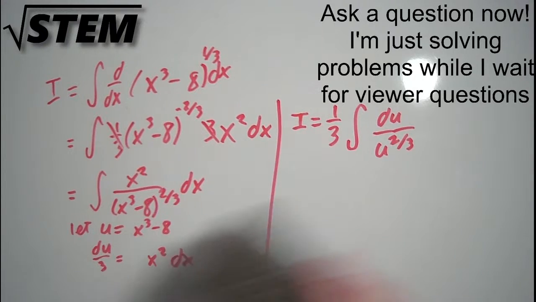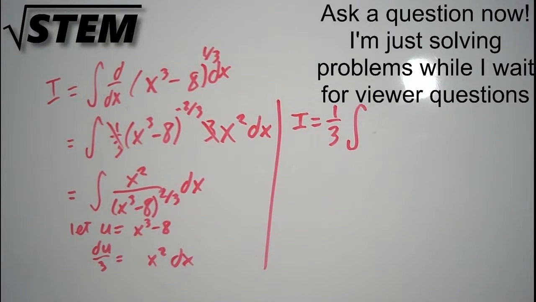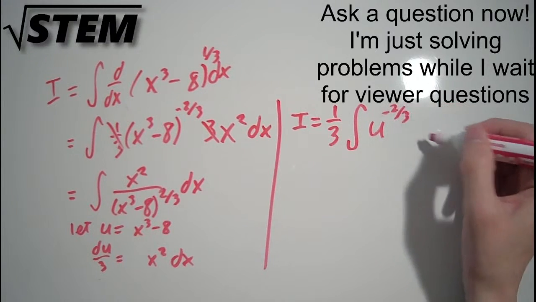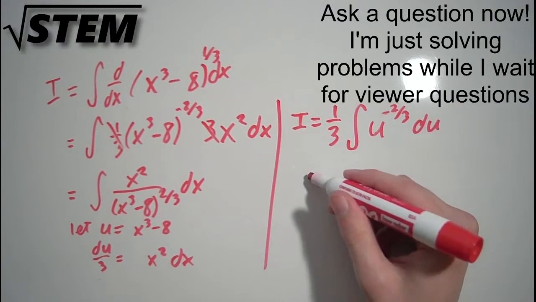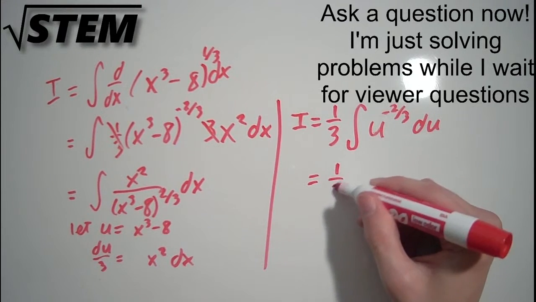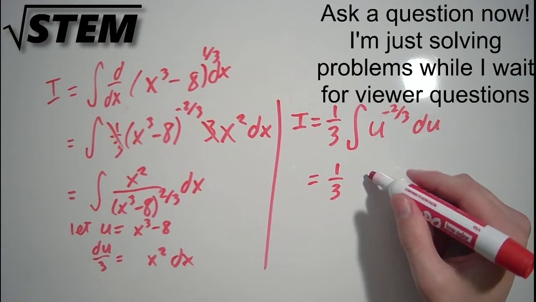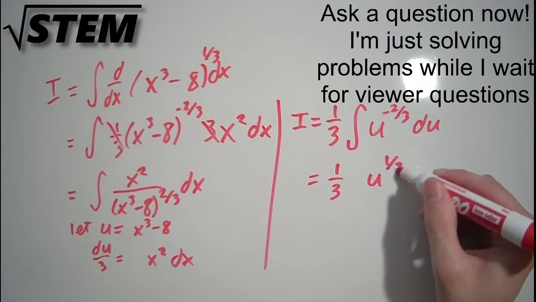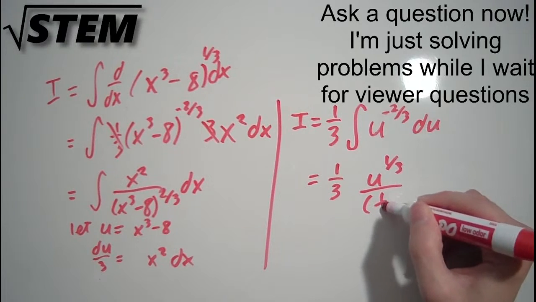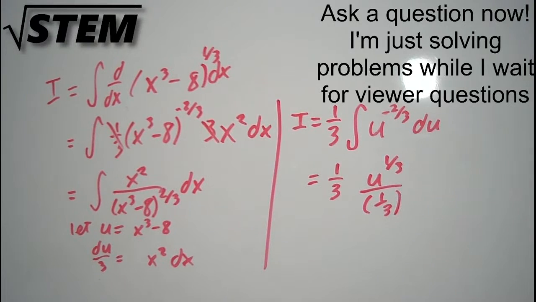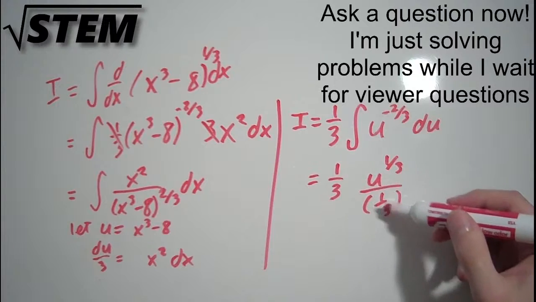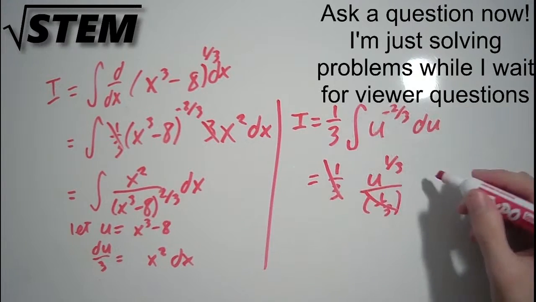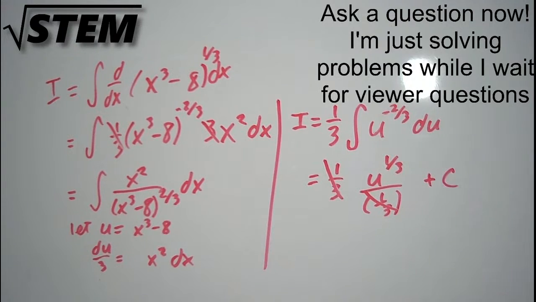And we'll just rewrite that as a negative exponent. So that's u to the minus 2/3 du. Use our power rule. We'll raise minus 2/3 by 1, which would be 1/3, and then divide by 1/3. We have 1/3 divided by 1/3 will cancel out. And we've just evaluated an indefinite integral, so we'll get a plus c.